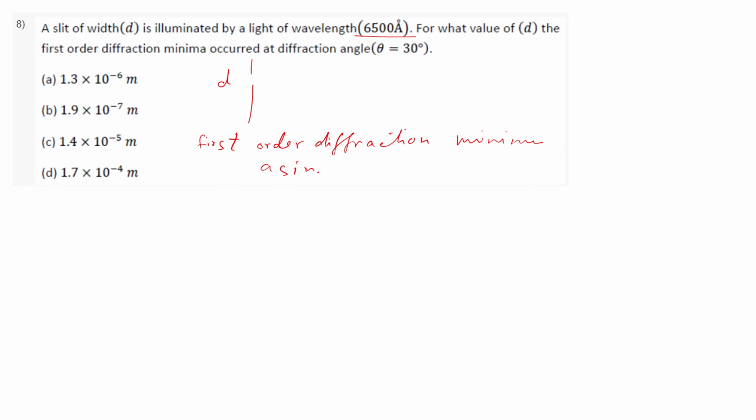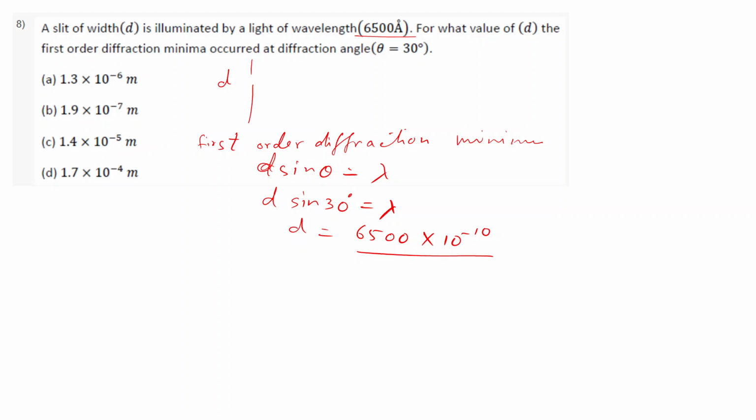It means a sine theta is equal to n lambda, n is 1 because first order, so a or d here because we are calling it d, so d times sine of 30 degree is equal to lambda, and I need to find out d. Okay, so d is lambda, 6500 times 10 to the power minus 10 meters, divided by sine 30 degree.